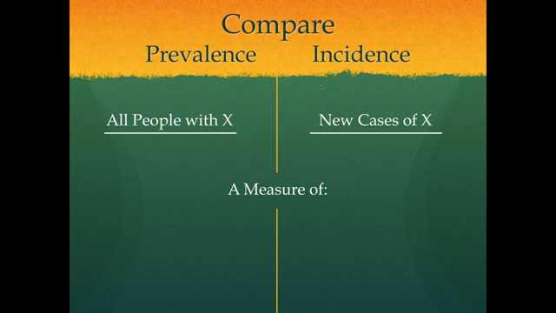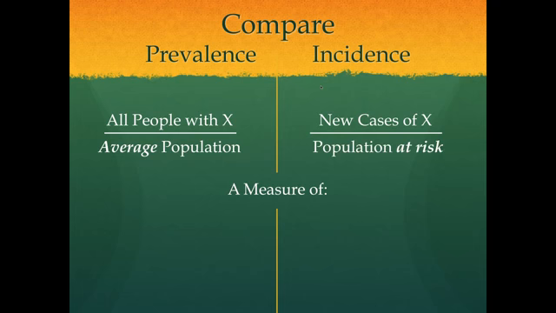The denominator for prevalence is the average population, while the denominator for the incidence is the population at risk. Remember, for both prevalence and incidence, you must be clear about the time period of the measurement for both the numerator and denominator of each.